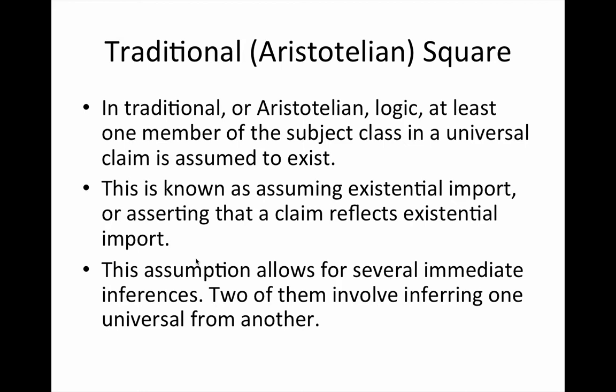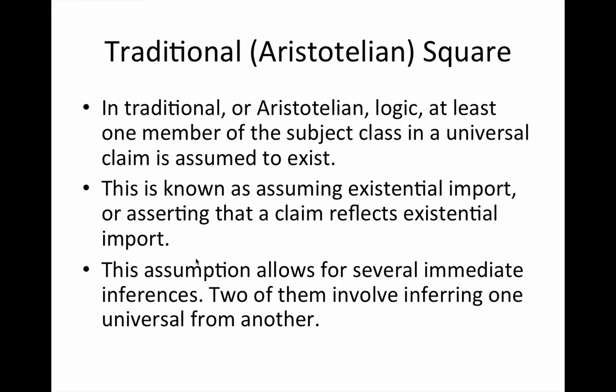Now, I'm going to assume that you are already familiar with what each of the four proposition types in categorical logic are. Namely, I'm going to assume that you know there are two quantities, universal and particular, and two qualities, affirmative, negative. Combinations of these make up the four proposition types. In addition, I'm going to assume that you understand already what existential import is.